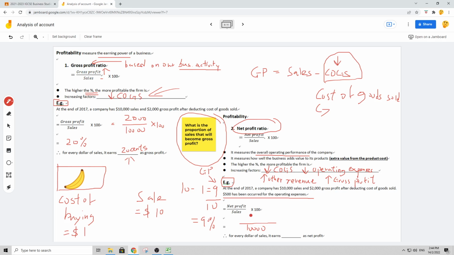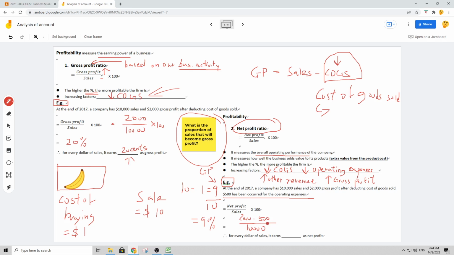Yes, so for our net profit, we just have to use our gross profit. Where is it? $2,000. Okay, right here. Minus the operating expenses, which is 500. Because you don't see any other revenue, you can just treat other revenue as 0.